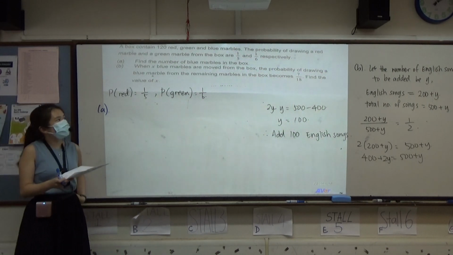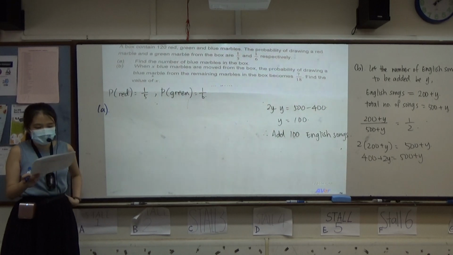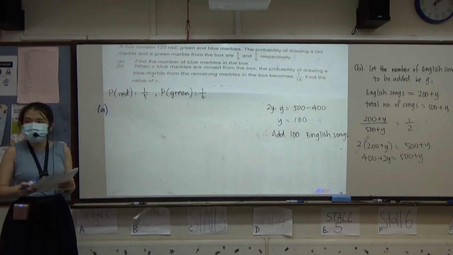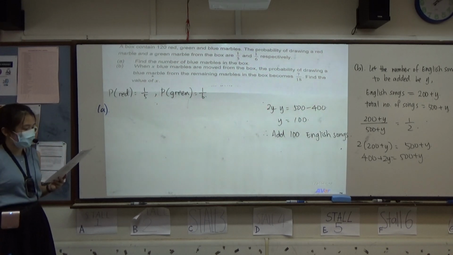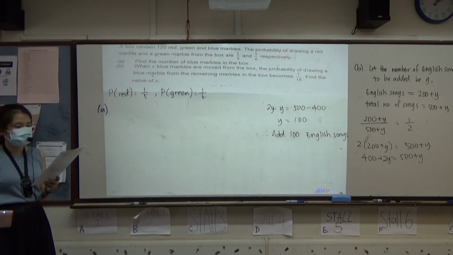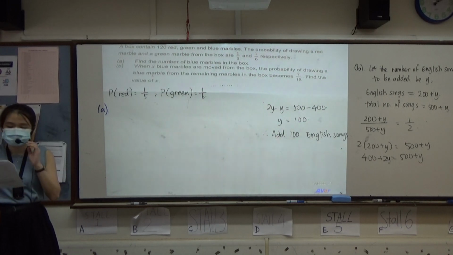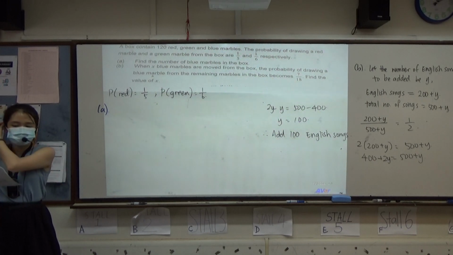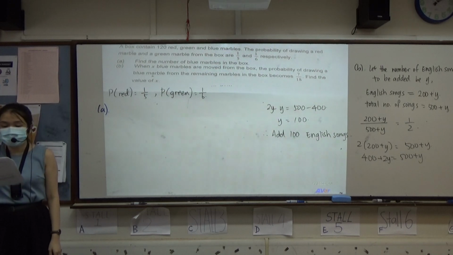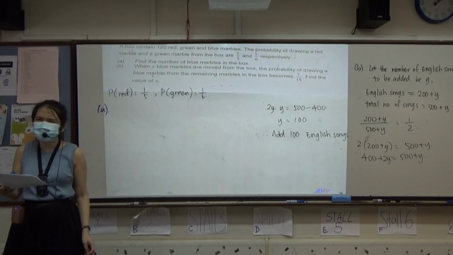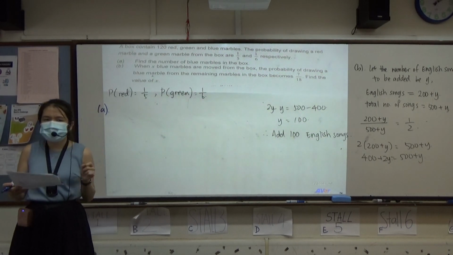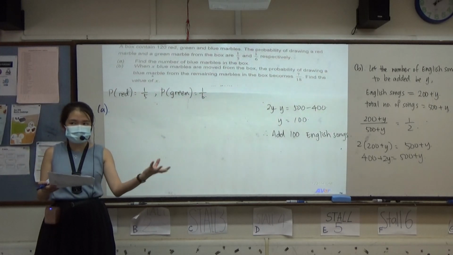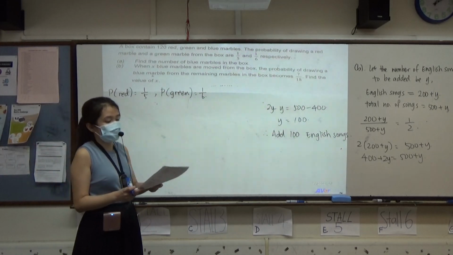So how do you think we can find the number of blue marbles in the box? You need to differentiate between what is considered concrete numbers, the number of items, and also probability.